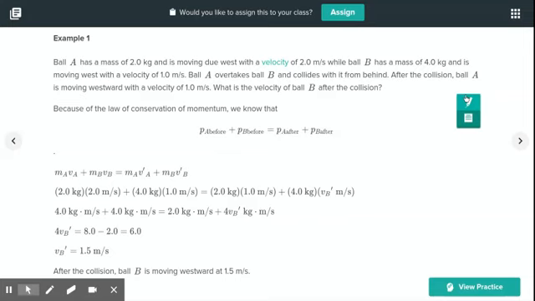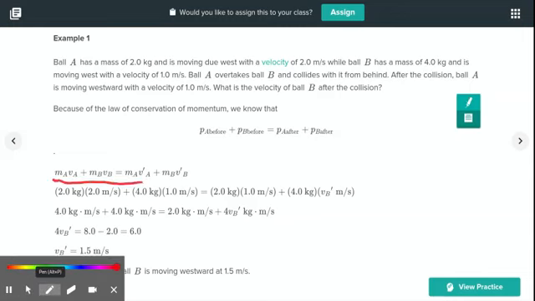After the collision, ball A is moving westward with a velocity of 1 meter per second. What is the velocity of ball B? Very straightforward. You have the mass and velocity before and after the collision, right? All you have to do is set up your equation.